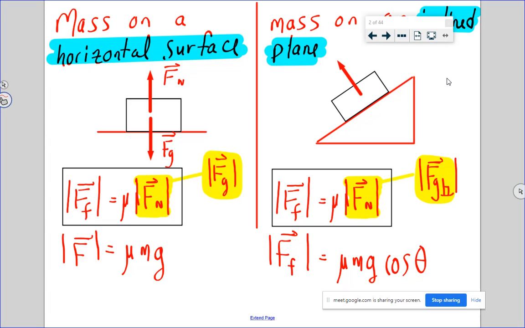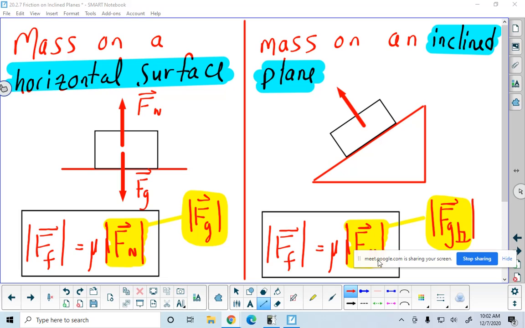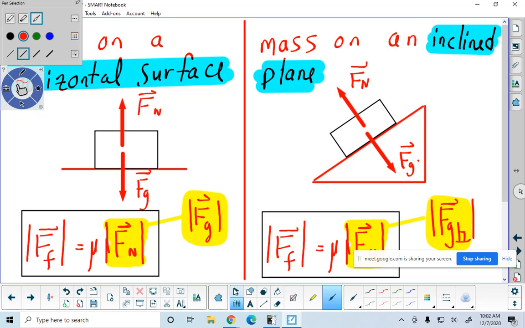By the way, I suppose I could add on to this diagram now, and later on I will leave this up and you can take a screen capture or a picture of it. I can label the forces a little more clearly now because now you know what they're called. This is the normal force. This is the force due to gravity that is perpendicular to the ramp.